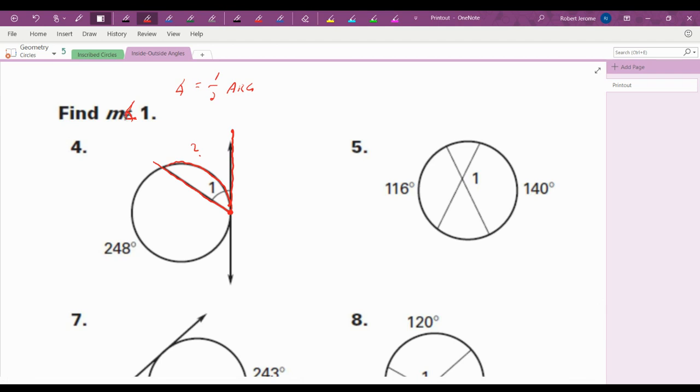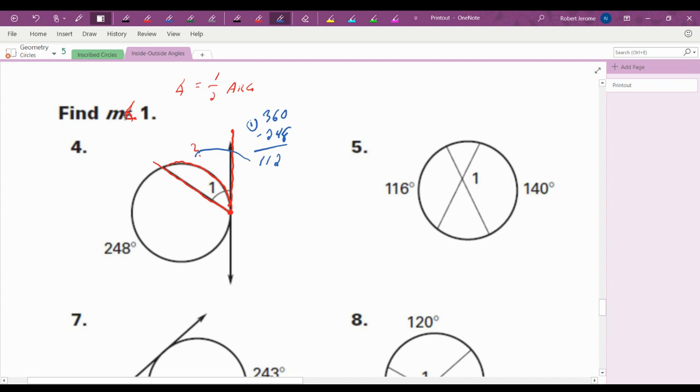We can do this a couple different ways. Option 1, 360 minus 248. So let's grab our calculator and subtract that out. 360 minus 248, and you guys are doing this with me, and we get 112.